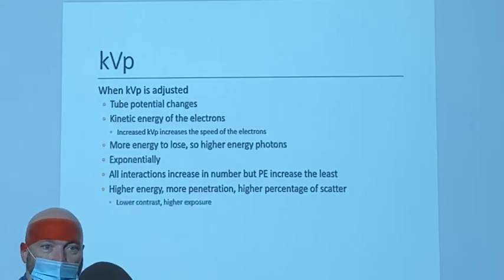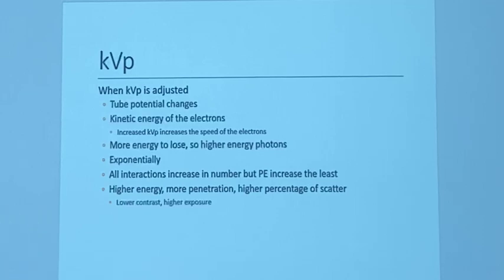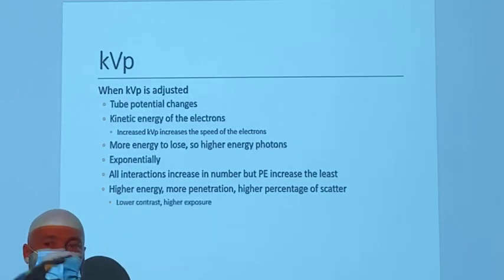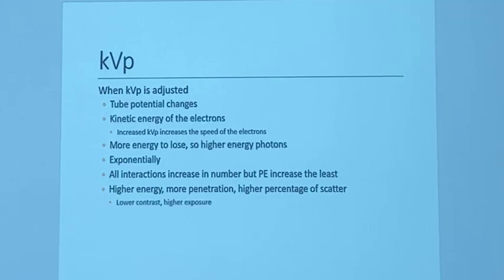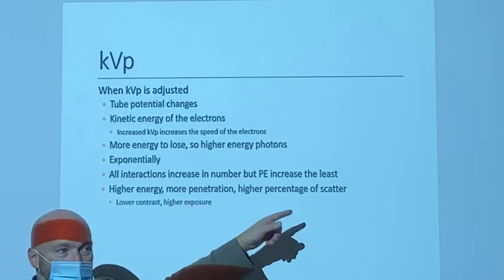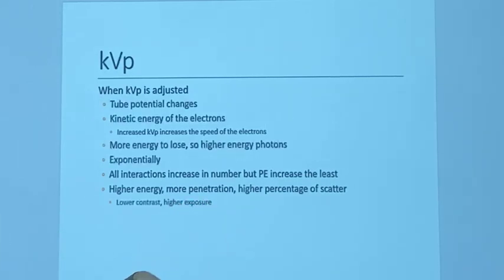What controls your contrast? Okay, thickness. As tissue thickness increases, right? What do we get more of as tissue thickness increases? Scatter radiation, right? So if we change the technical factor, it gives us a higher percentage of scatter radiation. Scatter radiation causes fog, and fog decreases contrast.